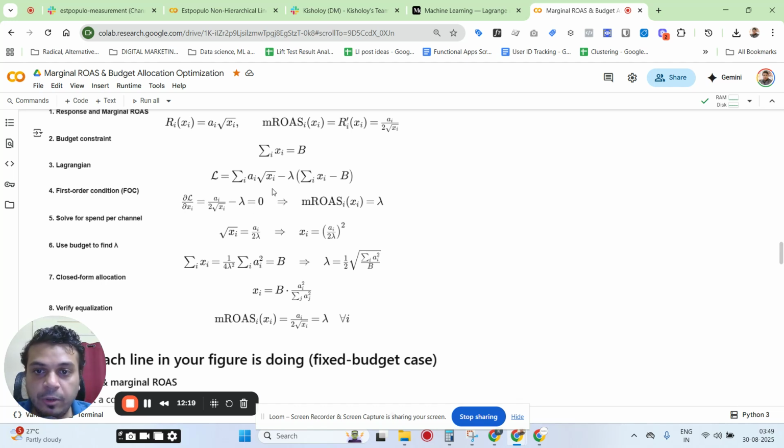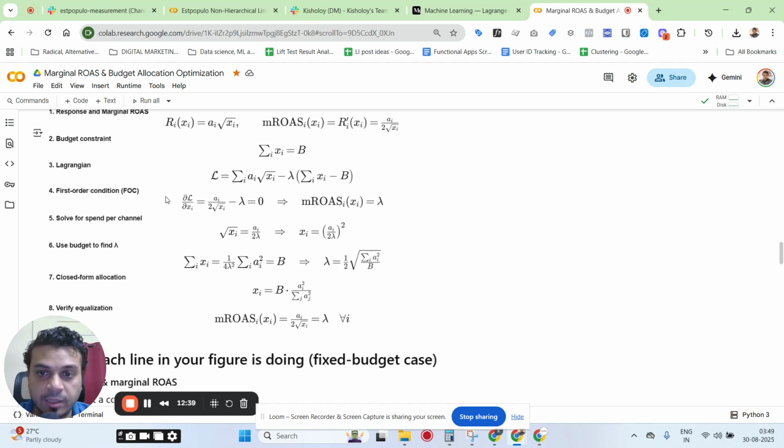And then you equate it to 0, right? That's the maximum minimum definition of calculus, the way of doing things in calculus. So you just equate it to 0 to find the marginal ROAS, essentially. So this is what leads to marginal ROAS. You have marginal ROAS of xi from here, which is equal to lambda.